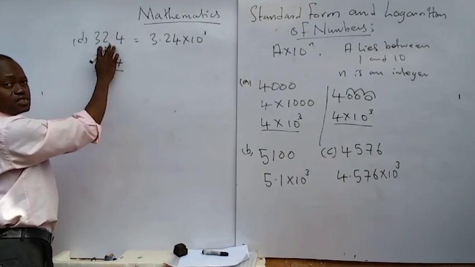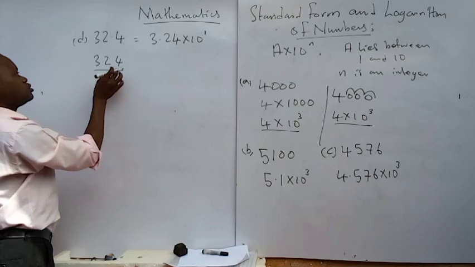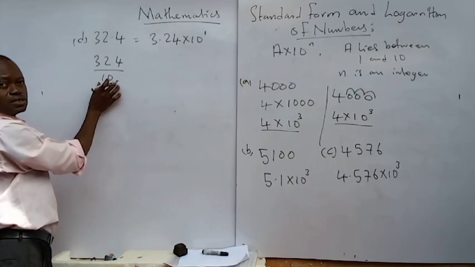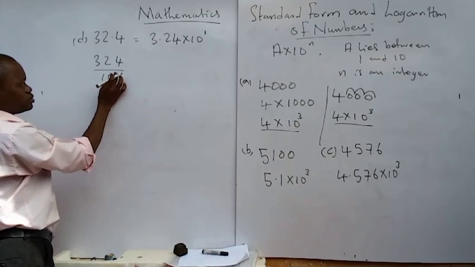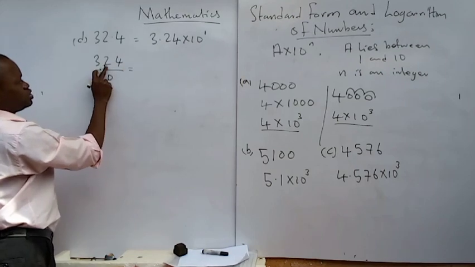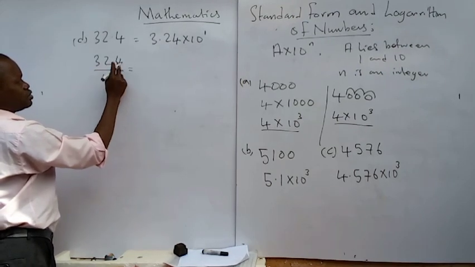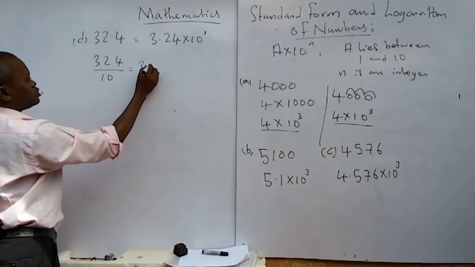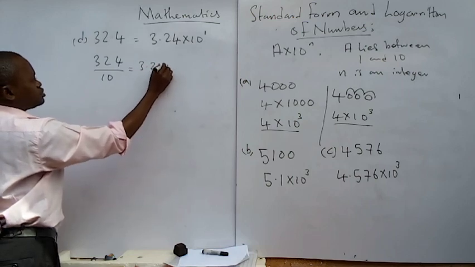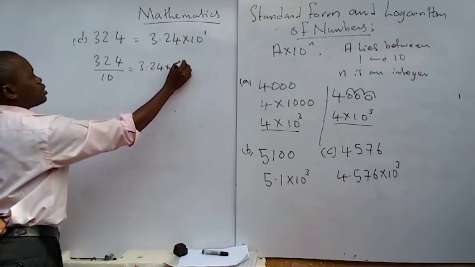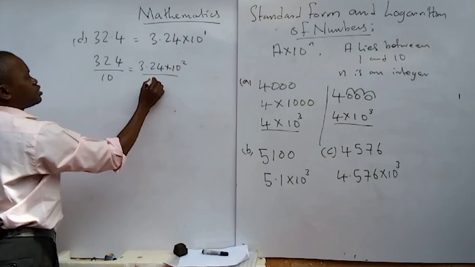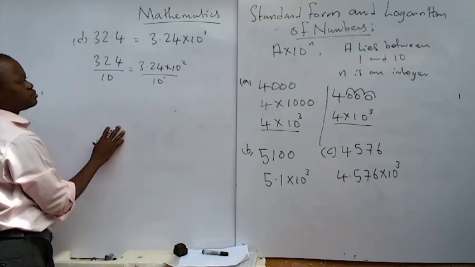I've converted this decimal value to a fraction. So look at this and look at this. This is 10, like 10 raised to power 1. So I can change this now to standard form, and it will be 3.24 times 10 raised to power 2 all over 10 raised to power 1.